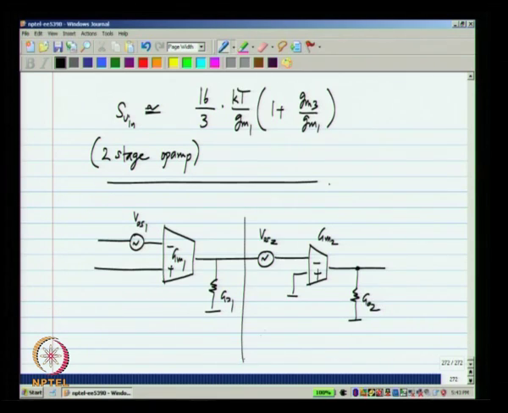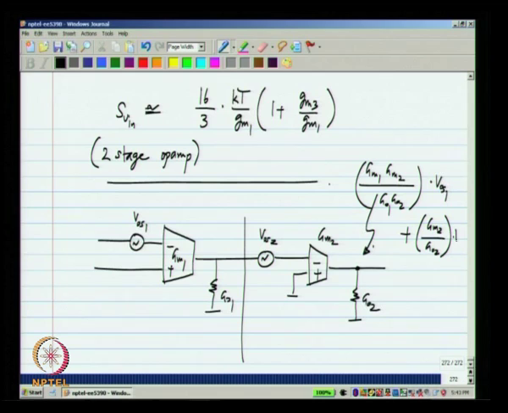So, VOS2 is the input referred offset of the second stage, VOS1 is the input referred offset of the first stage. So, the total offset at the output will be GM1 GM2 by GO1 GO2 times VOS1 plus GM2 by GO2 times VOS2.